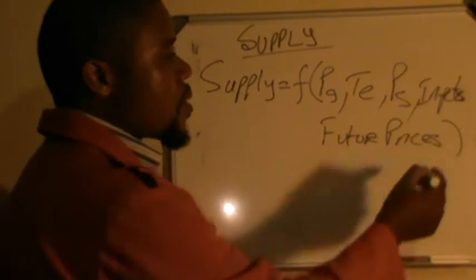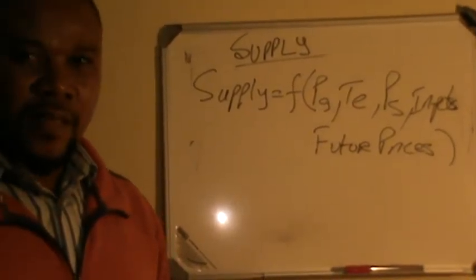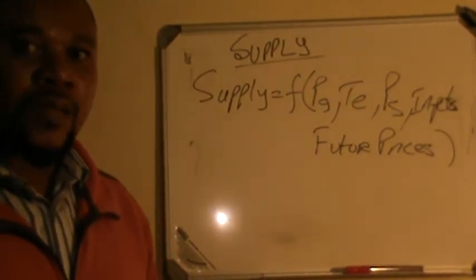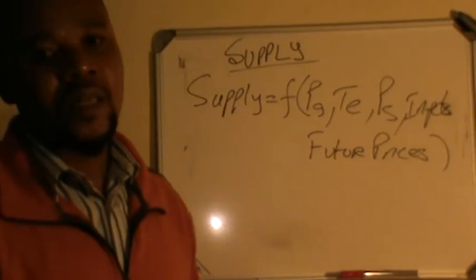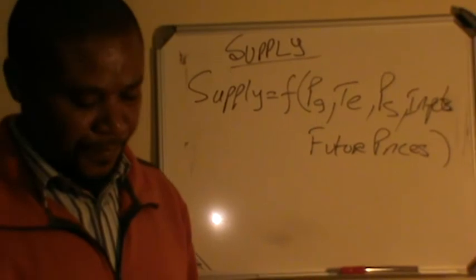In any case, all of those would be the factors that determine what quantities suppliers want to supply of a particular product given the price that's going on in the market.